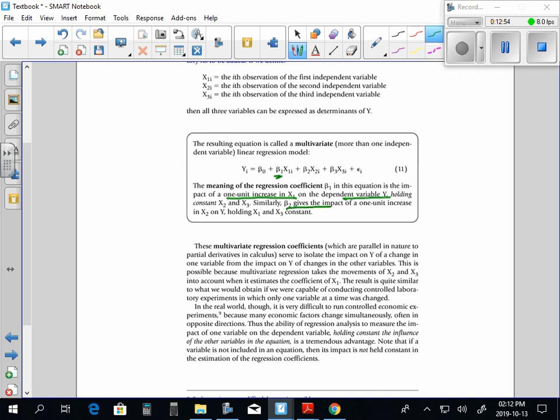Similarly, beta 2 gives the impact of a 1 unit increase in x2 holding the other ones constant. So we are saying if this is 0.7, if x1 increases by 1, y would increase by 0.7.